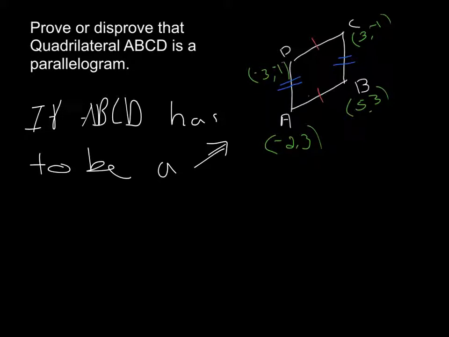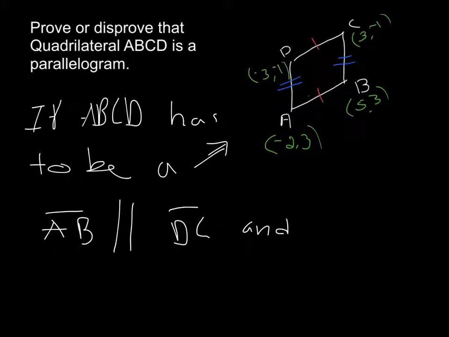So let me write that. Line segment AB equal to line segment DC, and line segment AD should be equal to line segment BC.